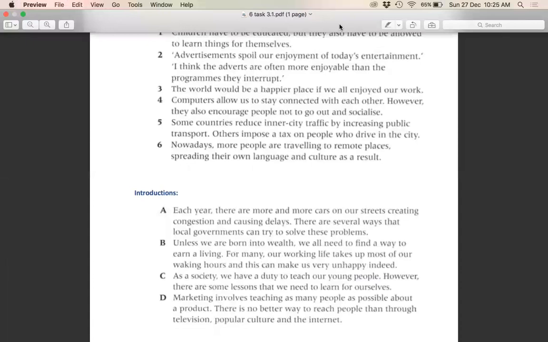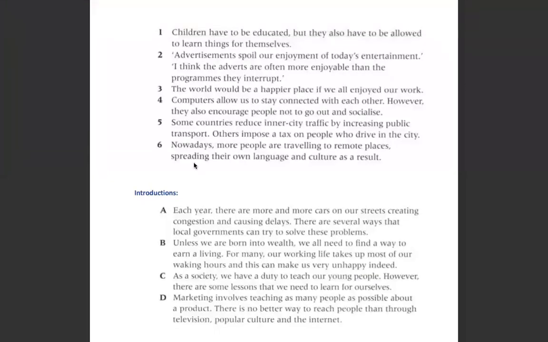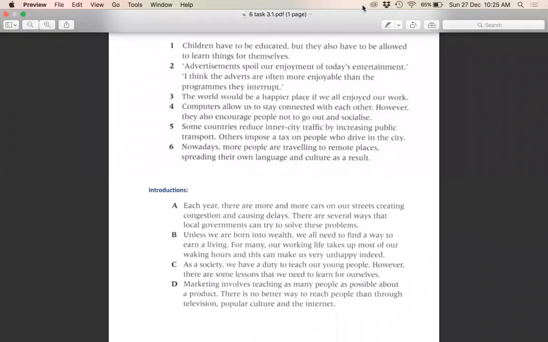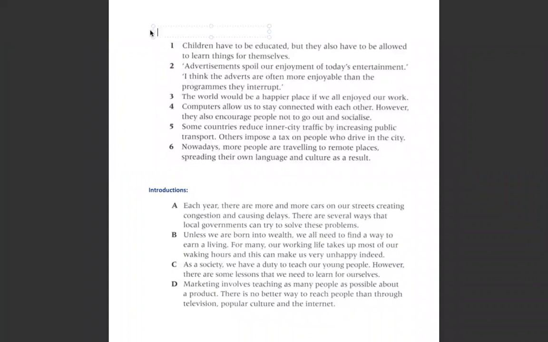So introduction statements, the first thing we do is paraphrase the question. Okay, so number 1 to 6 are the questions or the statements in the question. So this is what we need to paraphrase in order to write our introduction statement.